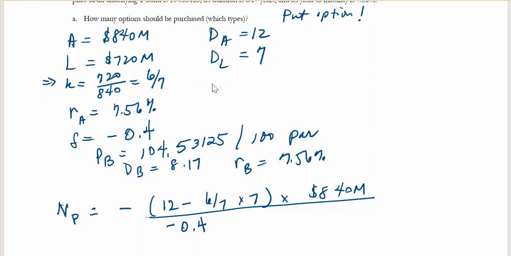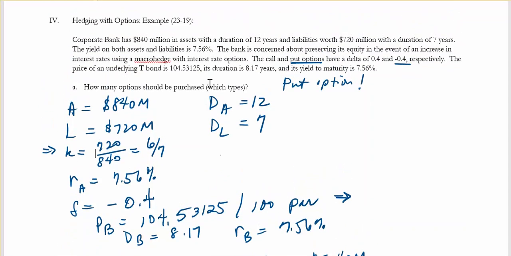Then we have the price. Now, this is the price we're given here, 104 per 100. The question here doesn't state it, and I should tell you that we're always going to assume, unless stated otherwise, that one put corresponds to a $100,000 bond par value.